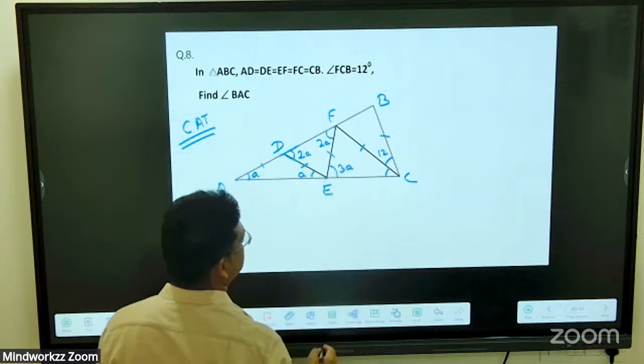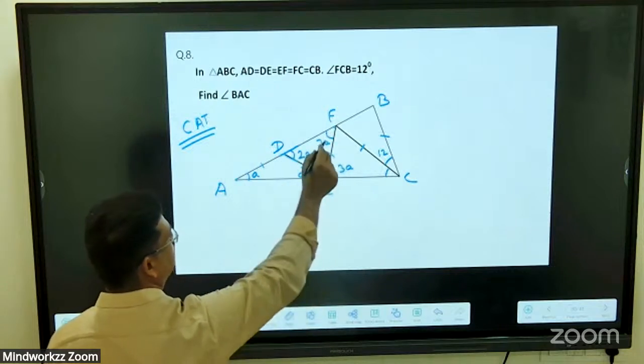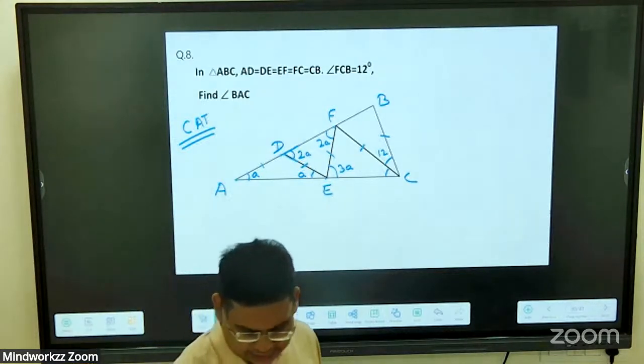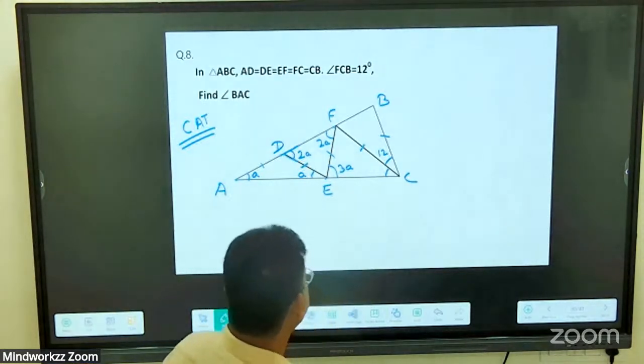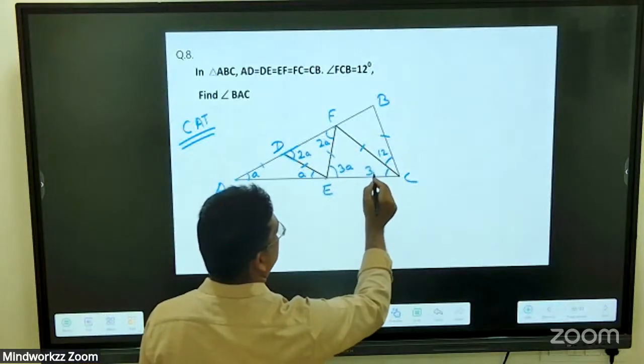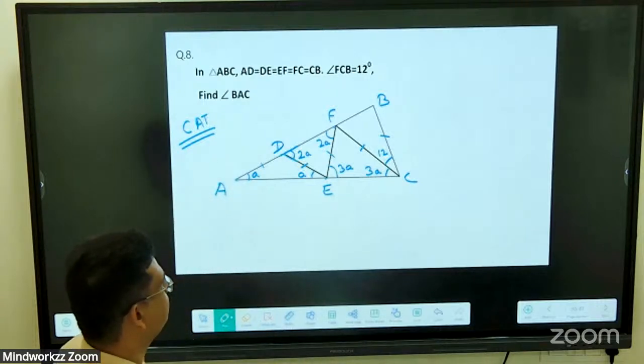I hope this is clear. This angle is an exterior angle to triangle AEF, right? So this would be 3A. Since this is 3A, this would also be 3A, right?